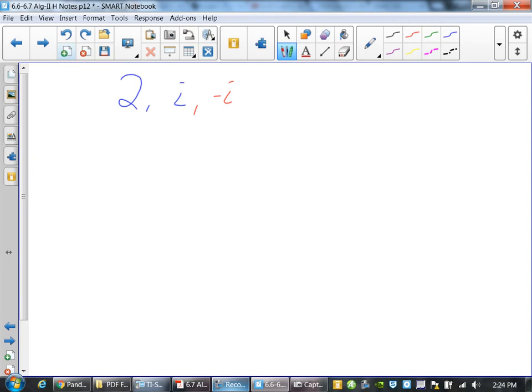We all agree that our first term here is going to be x minus 2. Okay with that? Now, when we say that these are my zeros, remember, this is x minus I, and then x minus the negative I. You agree with that?